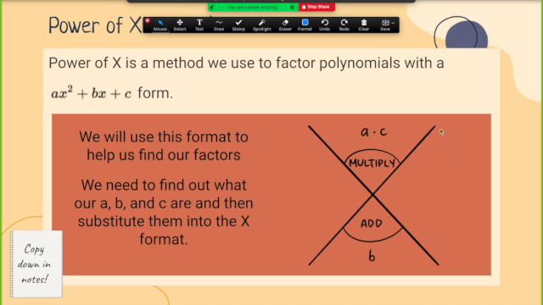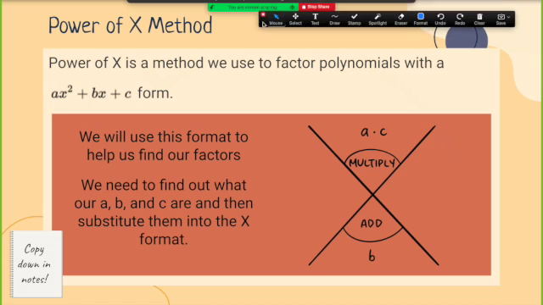And let's look at the new content for today, which is using the x method. Now, let's say that the form of your polynomial looks like ax squared plus bx plus c. In these cases, where we're given this type of format, we want to use this x method to factor our polynomial.